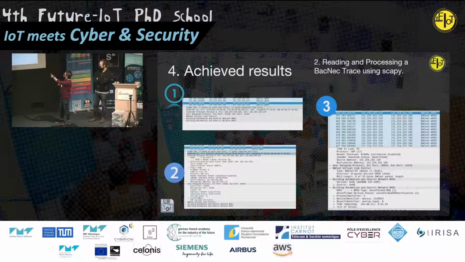We have the Building Automation and Control Network APDU, so we need to do this stuff. And finally we have some code in Python with Scapy, a library that allows us to read the pcap file with the Wireshark trace packets.